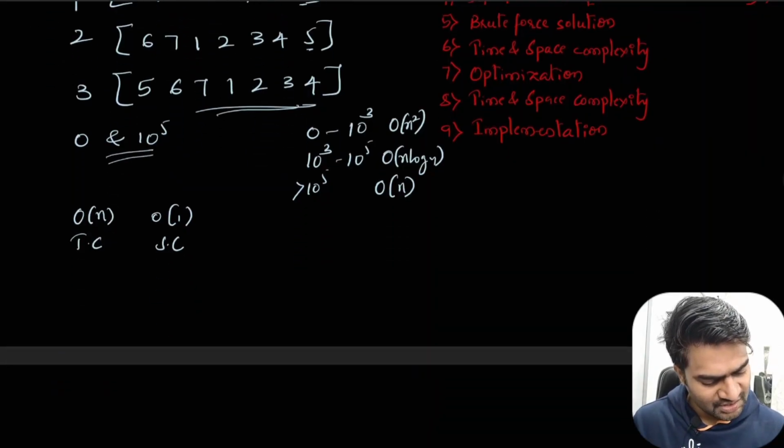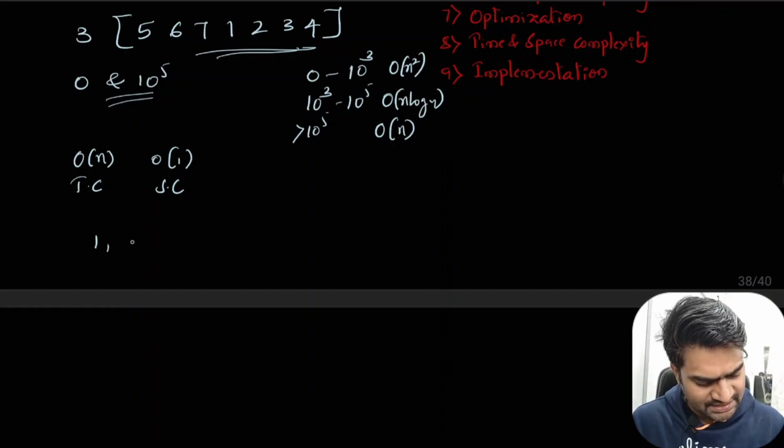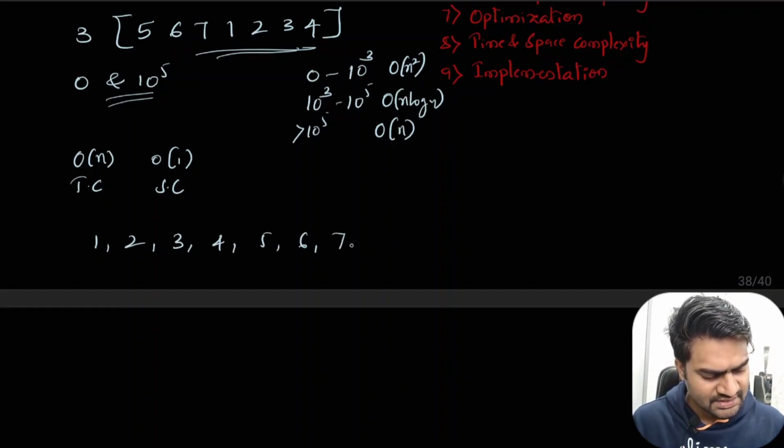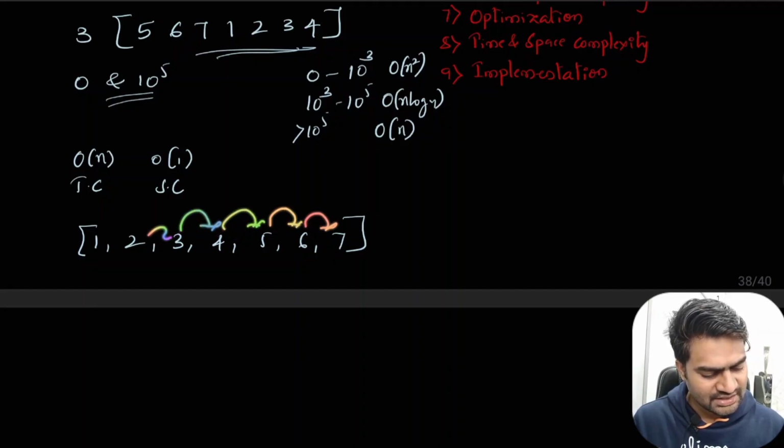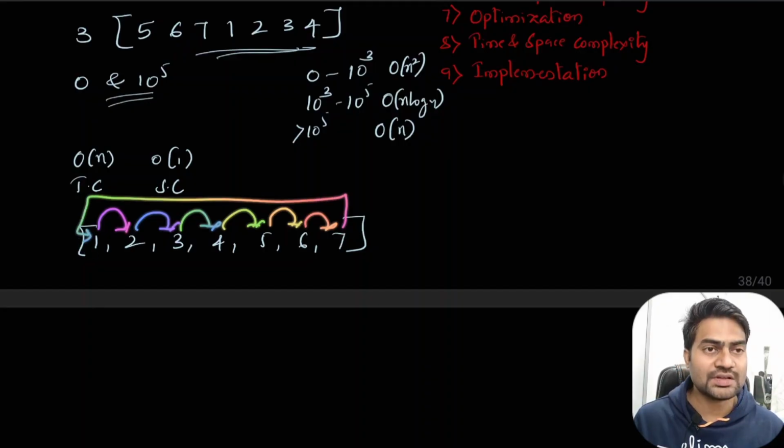I will take the array again: 1, 2, 3, 4, 5, 6, 7. Now I want to rotate 6 here, 5 here, 4 here, 3 here, 2 here, 1 here, and then 7 back to this place.